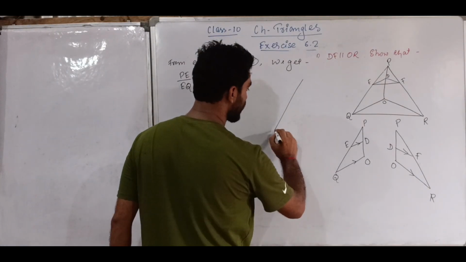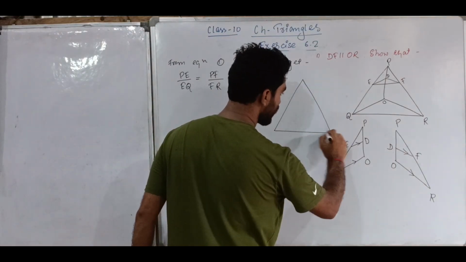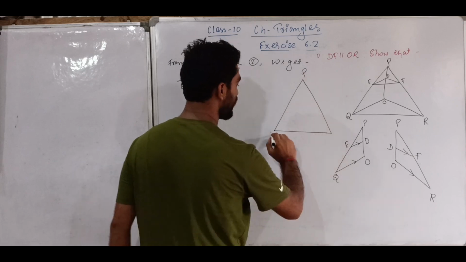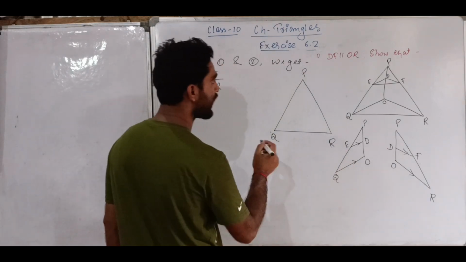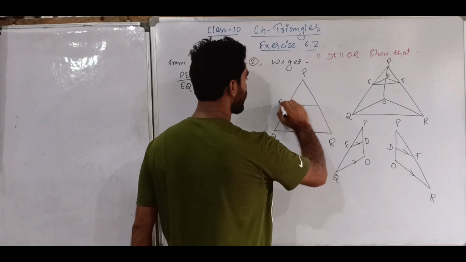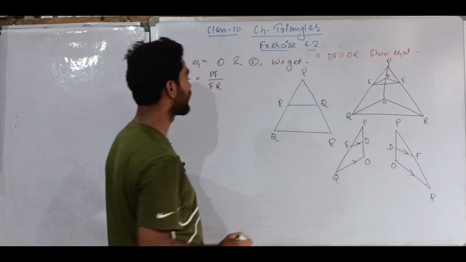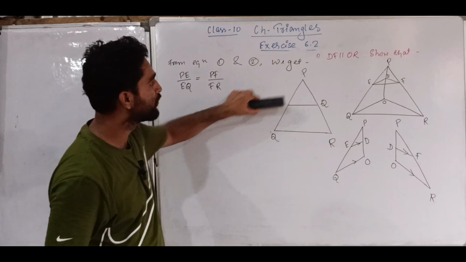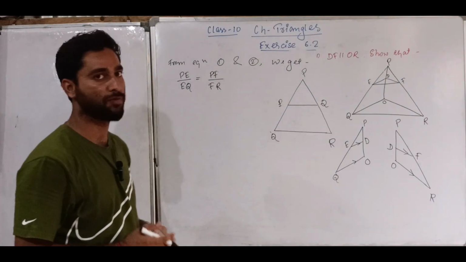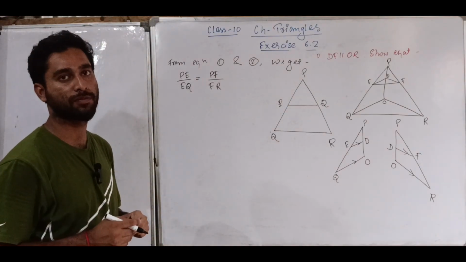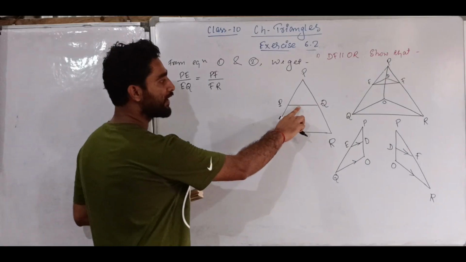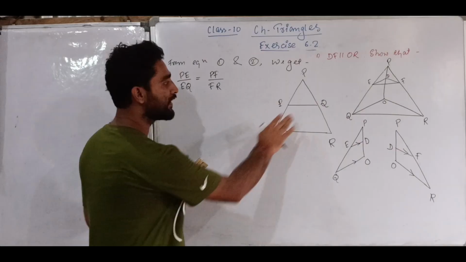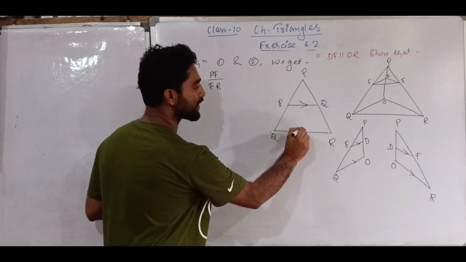Now let's look at the figure. This was our triangle, not ABC, triangle PQR, and this is the EF line. So just now we proved PE divided by EQ is equal to PF divided by FR. And from the converse of the basic proportionality theorem, we know that if any line divides any two sides of a triangle in the same ratio, then this line must be parallel to the third side.